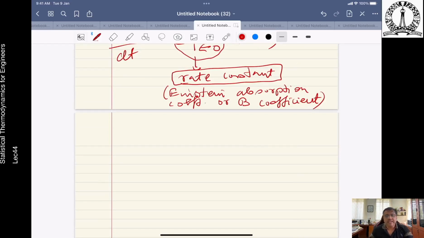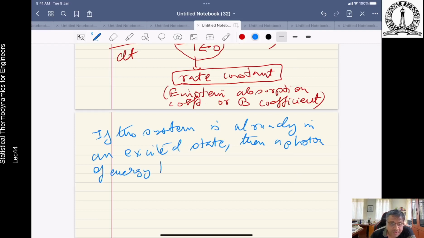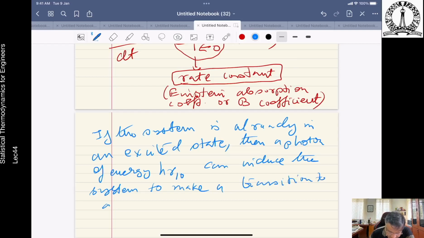All right, so that's good. Now, similarly, if the system is already in an excited state, then a photon of energy h nu 10 can induce the system to make a transition to the ground state.